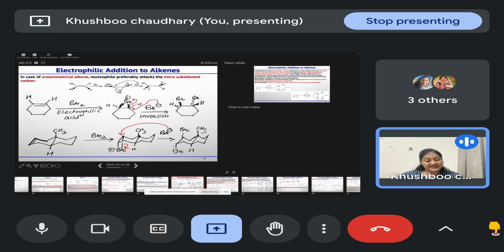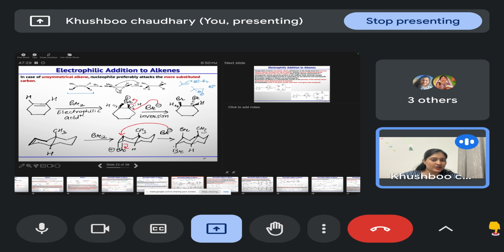Also, in the case of unsymmetrical alkenes, nucleophiles preferably attack more substituted carbons. As we saw in the isopropylene case, if we are treating it with bromine, a bromonium ion will form. Once the bromonium ion forms, the bromide ion can attack at the more substituted carbon or at the less substituted carbon.